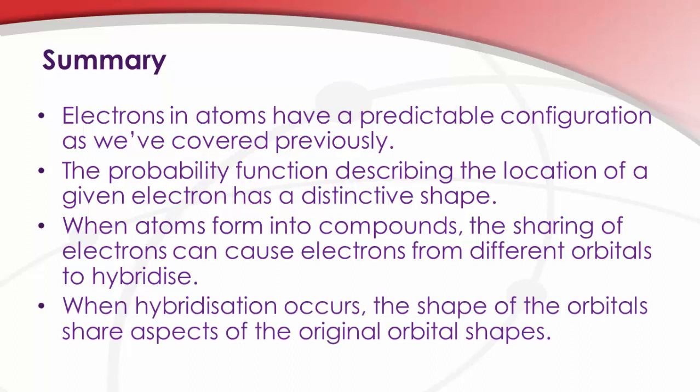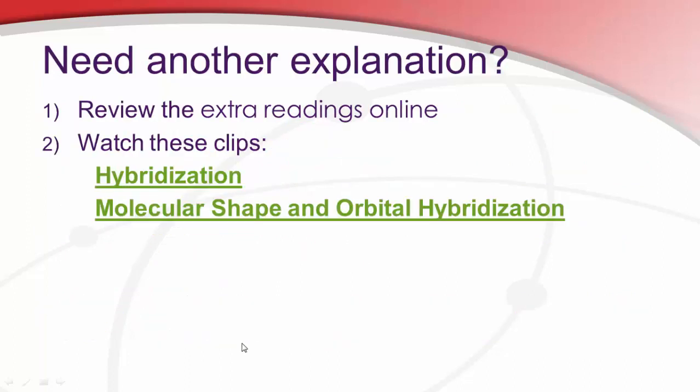We can have situations where sharing of electrons can occur between different orbitals, and we get hybridization. The hybridization will predict the shape of the orbitals and will share aspects of those original orbital shapes.